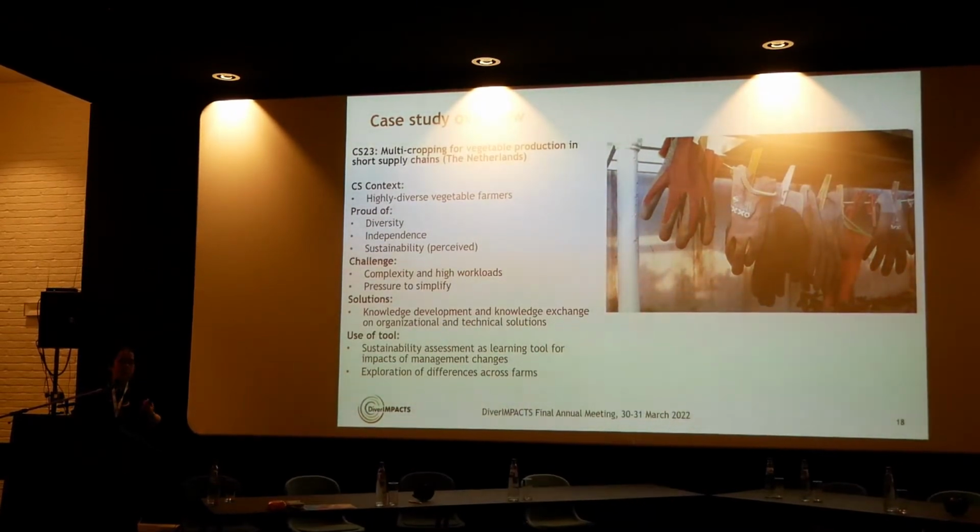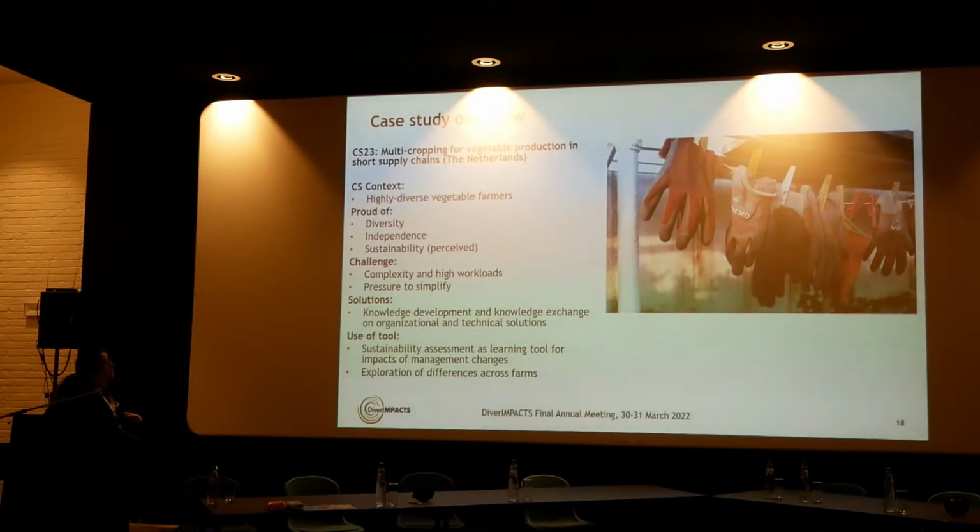And the concept of cropping system is not relevant when you are in a vegetable farm. So it was interesting to develop an adapted tool for this case specifically. It was case study number 23, and it was very interesting because they are very diverse vegetable farmers.